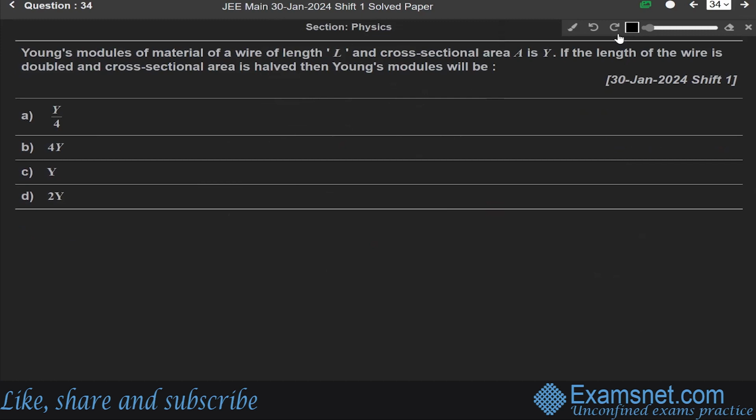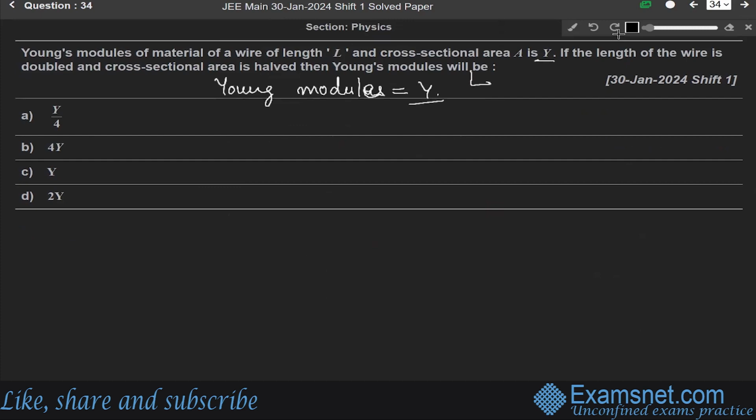Now next, question 34. Young's modulus of the material of a wire of length L and cross-sectional area A is Y. If the length of the wire is doubled and the cross-sectional area is halved, then what will Young's modulus be?